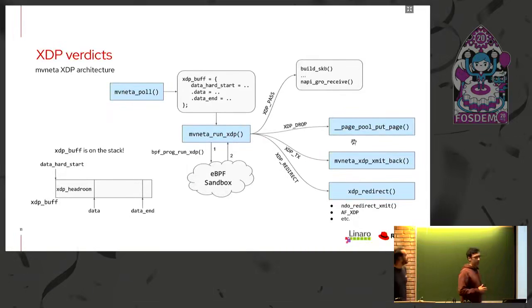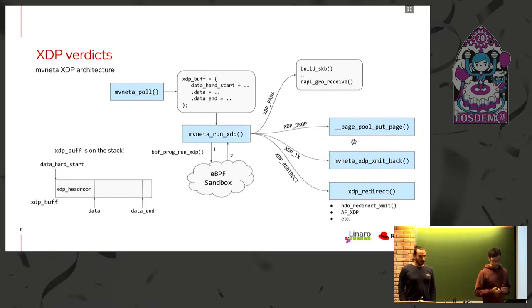Here I reported the MVNeta XDP architecture, and we can see that whenever the MVNeta poll runs, it allocates an XDP buffer that is the counterpart of an SKB for XDP. And the MVNeta run XDP will run the eBPF program in the eBPF sandbox on our XDP buffer, and will return one of these XDP verdicts: XDP pass, XDP drop, TX or redirect, and the buffer will be managed accordingly.